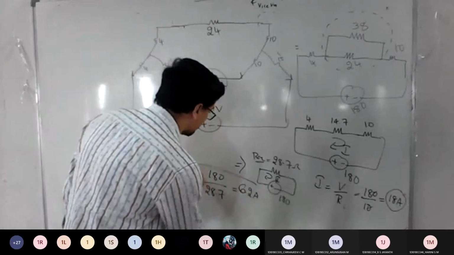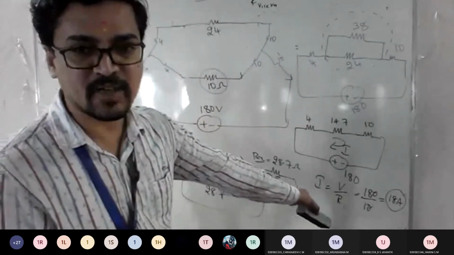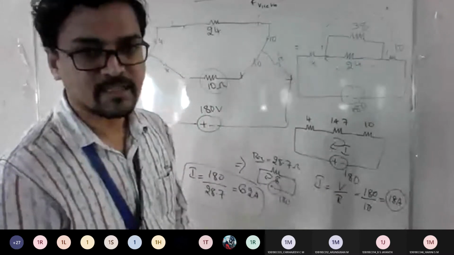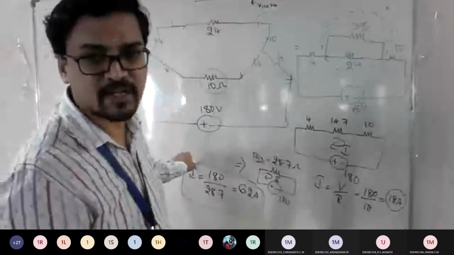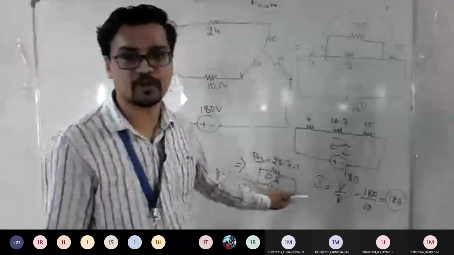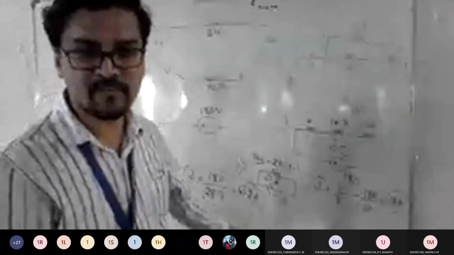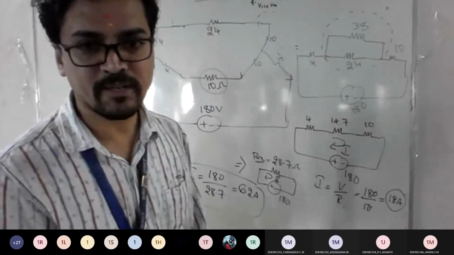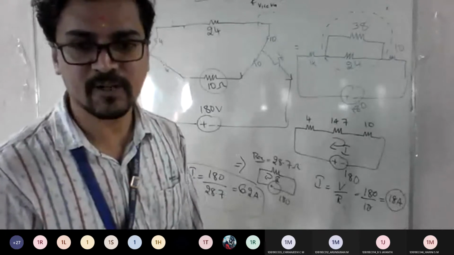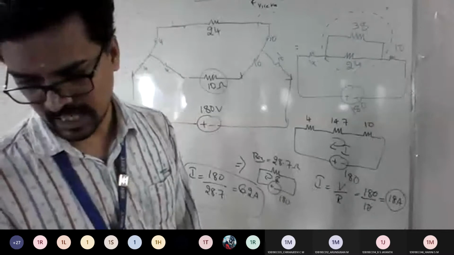So you got the difference between both the currents now. If it is particularly the 10 ohm, R is already given, voltage is known, just find the answer. But if they ask equivalent current, it means for this equivalent circuit what you got. So R equivalent you proved it as 28.7. If you divide 180 by 28.7 you are going to get 6.2 amps. Am I clear to everyone with this problem?